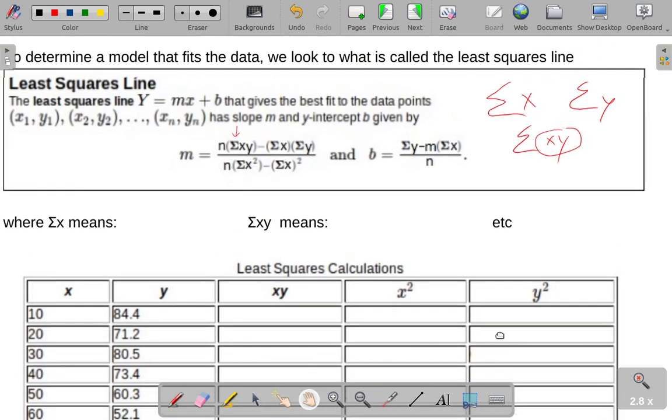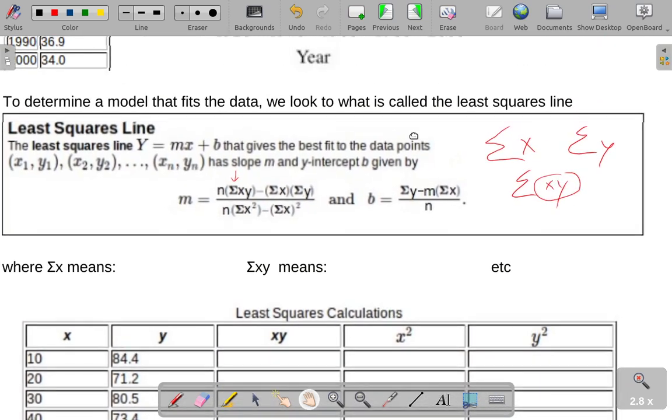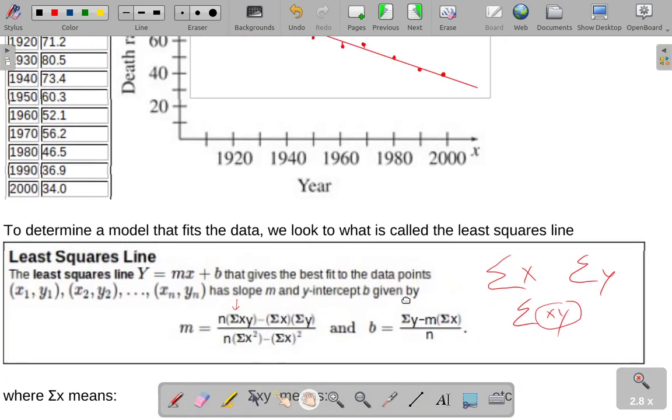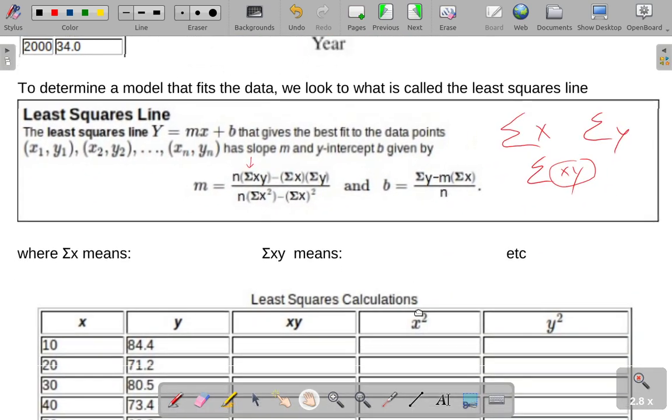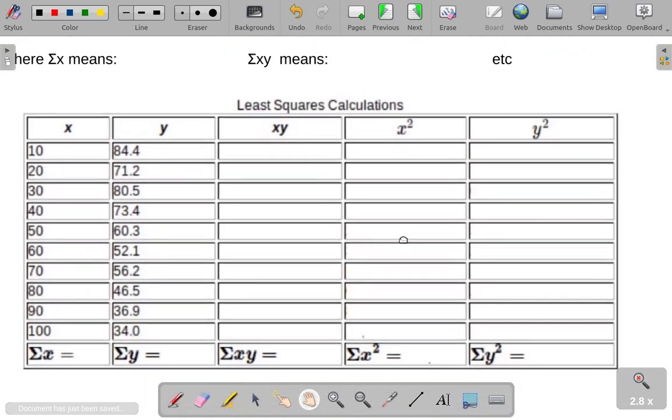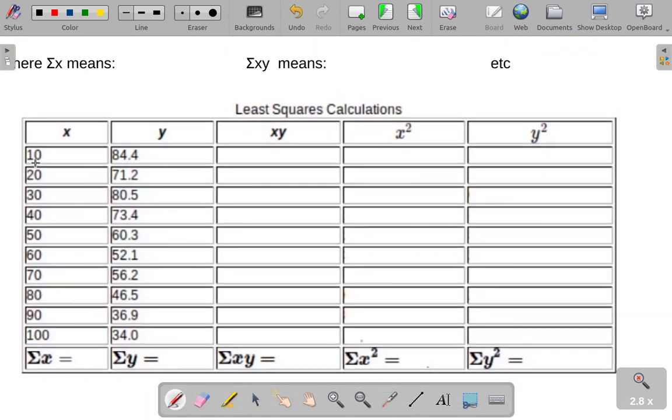Because we're going to be doing things like sigma x squared, and you can see the x's are fairly large, almost 2,000, if I was to square that I would get almost 4 million. This is another case where it's handy to move where our origin is. So the x's in this case are going to be the number of years after 1900. So the year 1910 becomes an x value of 10, and so on.